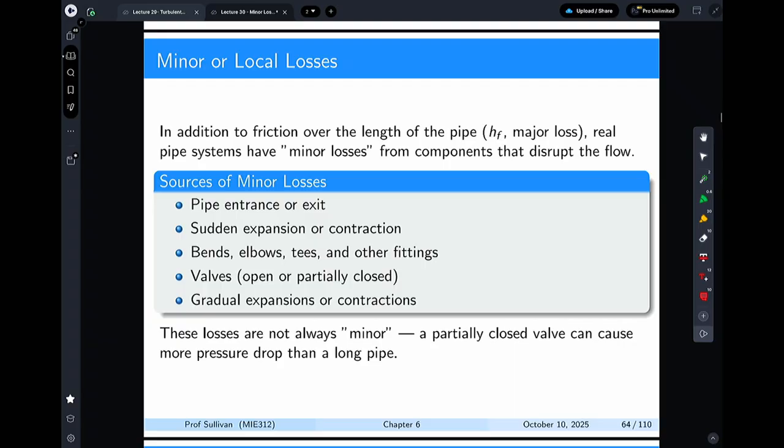So the nature of the expansion just changes what the loss is. These losses are generally major. They really do change what you're dealing with, and we'll see that as we go through an example. A partially closed valve can cause more pressure drop than a long pipe.